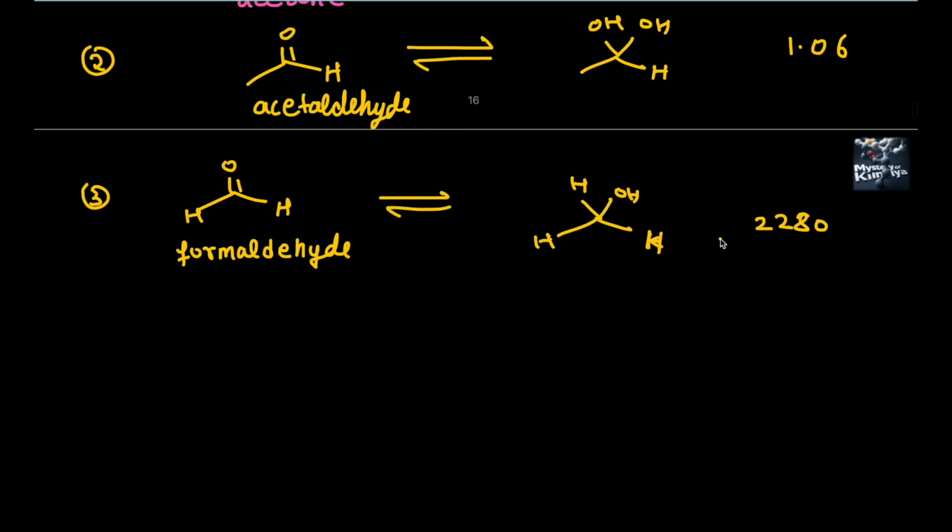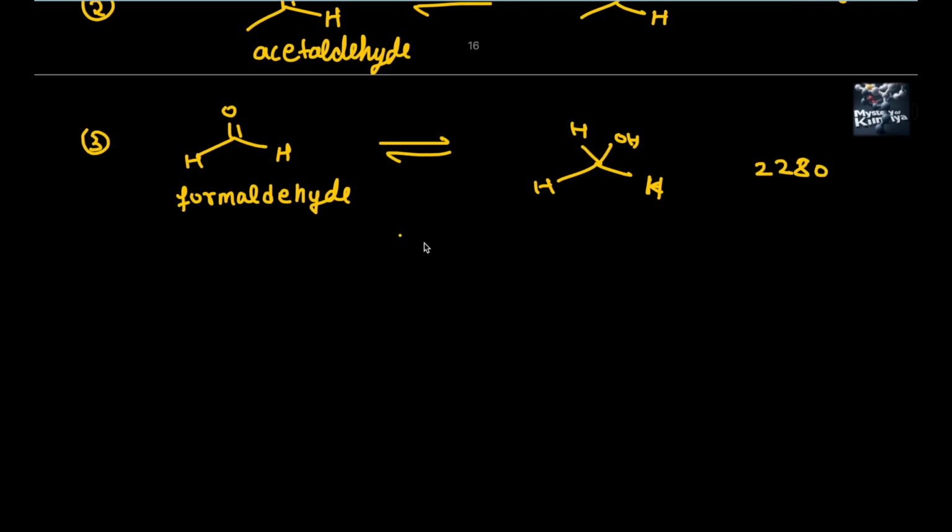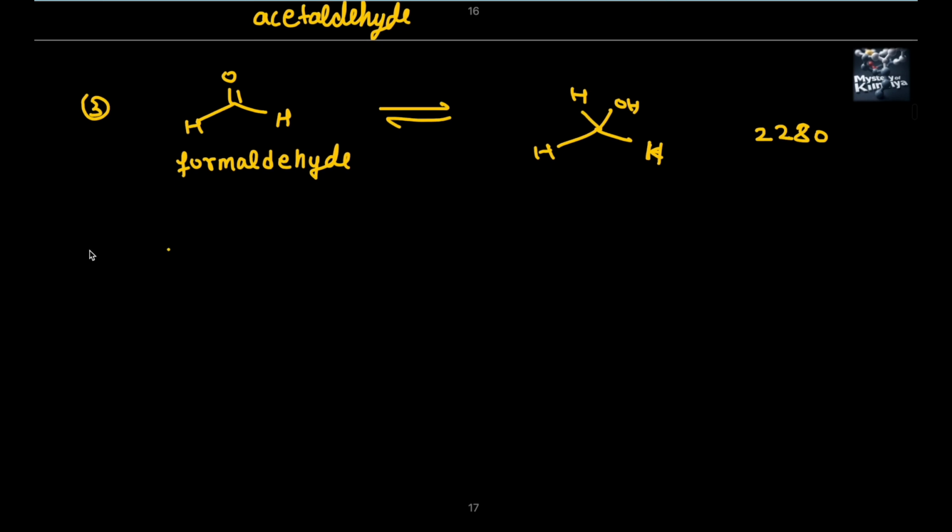It is really more. A few more examples: suppose we have this compound with CCl3 and hydrogen. This is chloral, its common name.